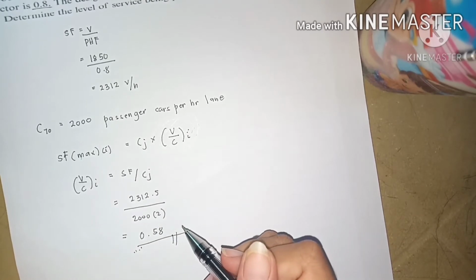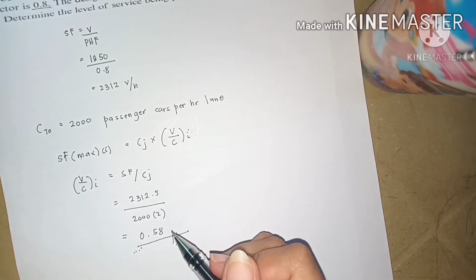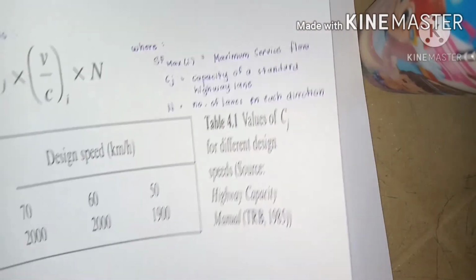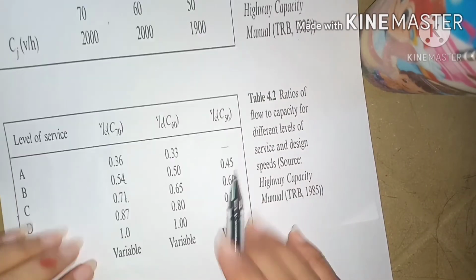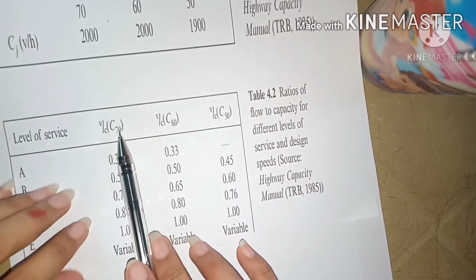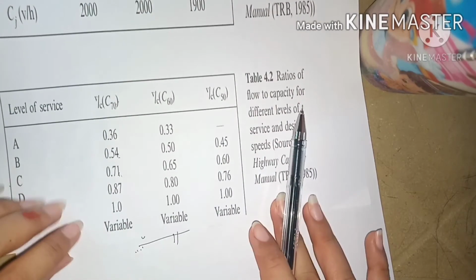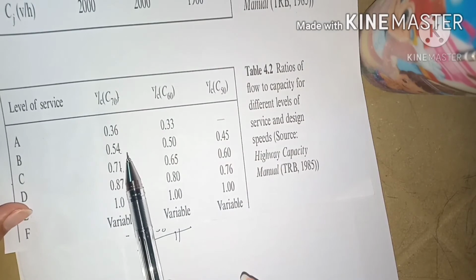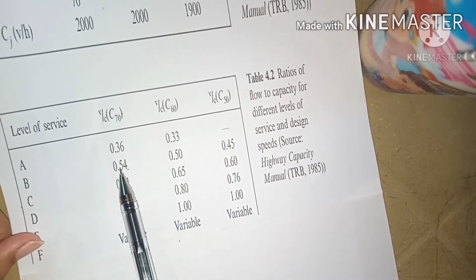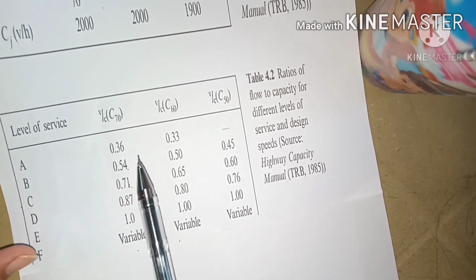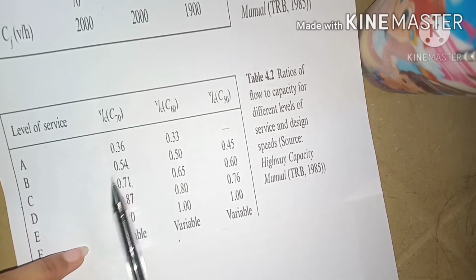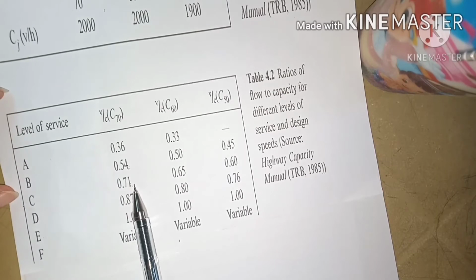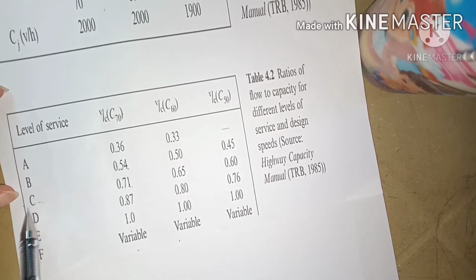Kunin natin yung table 4.24 reference para malaman natin yung level of service. Since siya ay C70 and ang sagot natin is 0.58, yung ratio of flow to capacity is greater than this one but less than 0.71. So, ang level of service natin ay C.